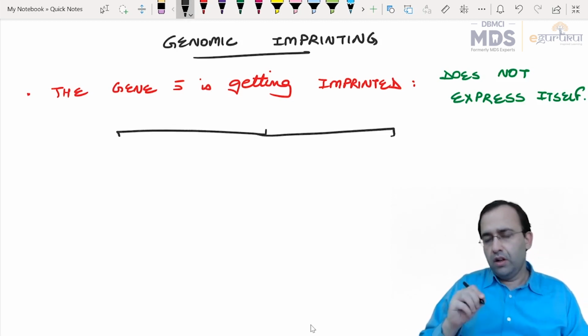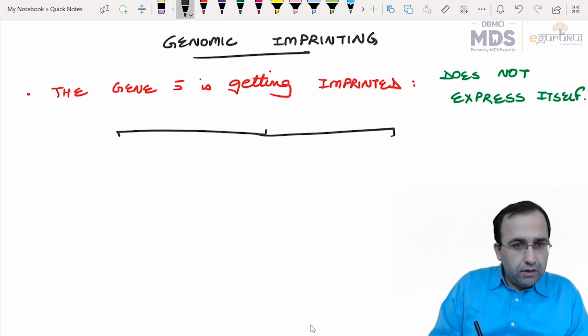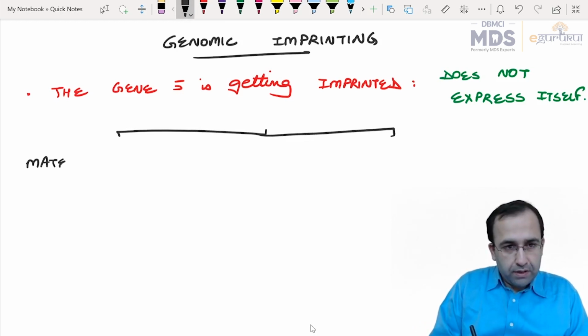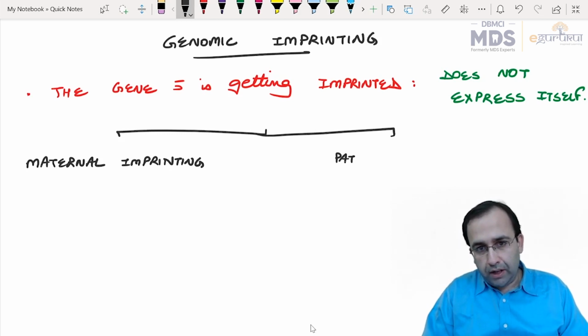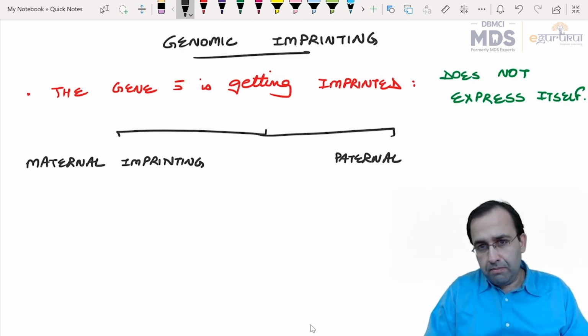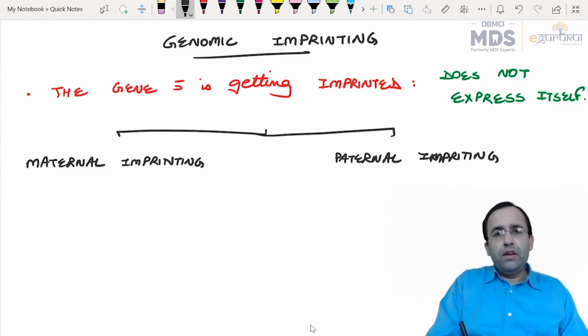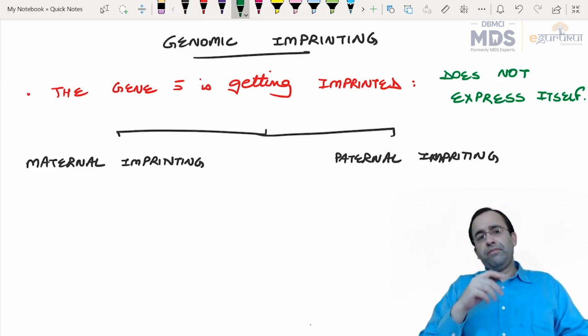Make a flow chart. We will write everything below this flow chart. It is of two types: maternal versus paternal imprinting. First point, the name tells you everything.